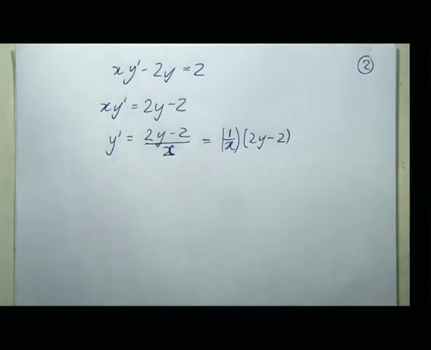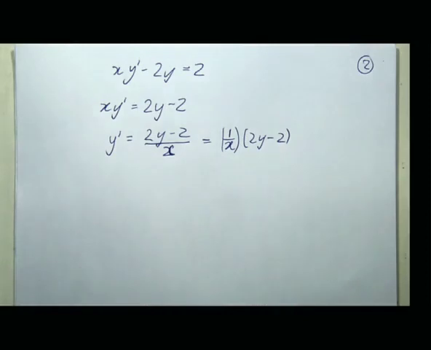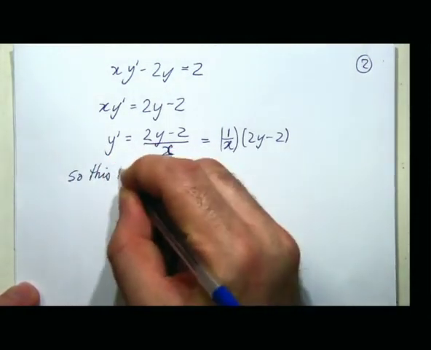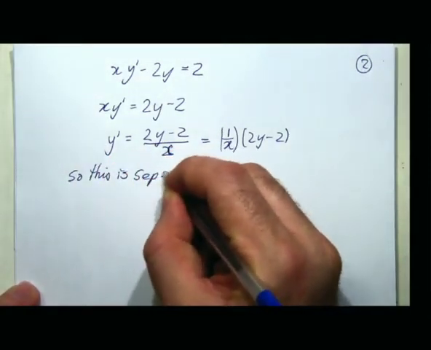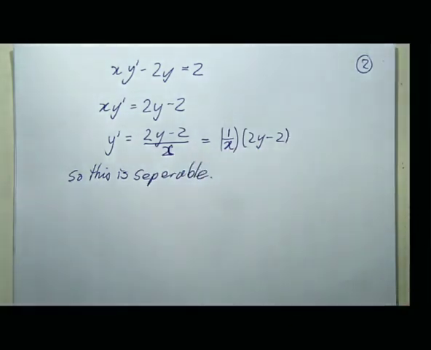And so you can see clearly now I've got this as a function of x and a function of y. So we've got a separable. So this is separable. Again, we've been asked the question, is it separable? We've done a little bit of calculation, and we've made that statement.